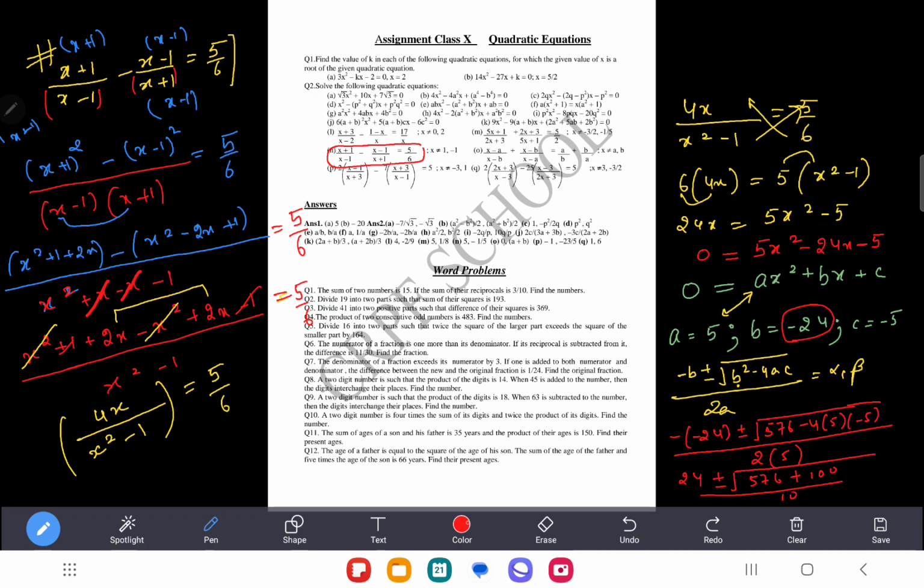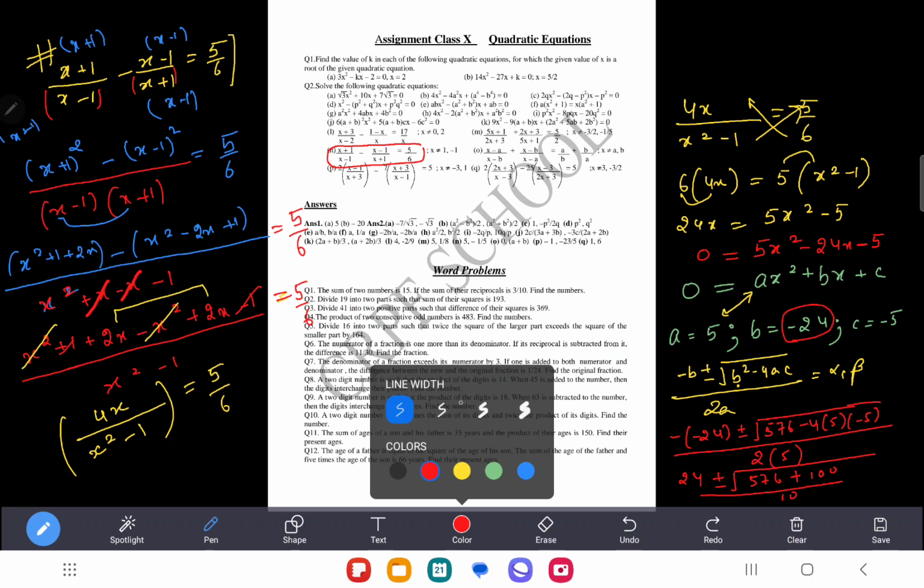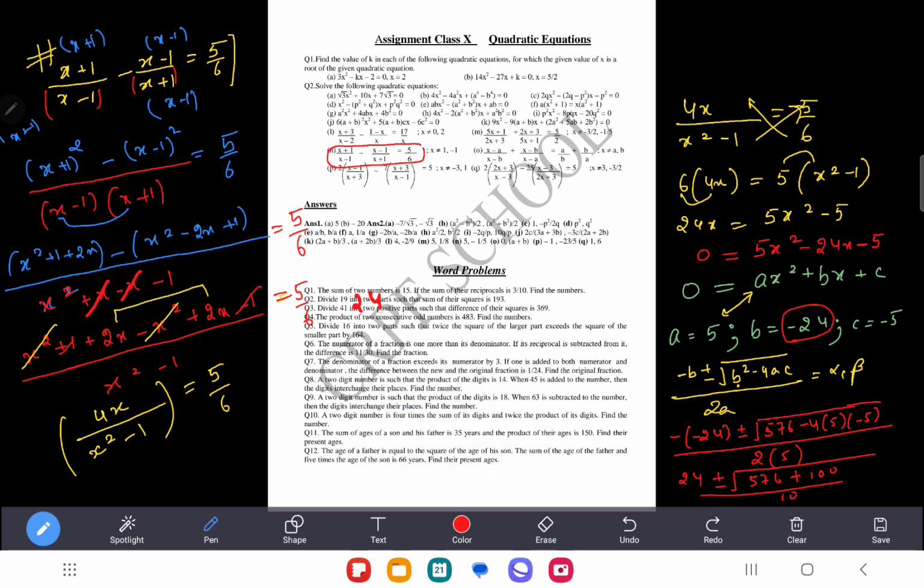So when you solve this out, what do you think you will get? You will get 24 plus minus under root of 676 over 10. So 24 plus minus 26 over 10. So 24 plus 26 or 24 minus 26 over 10. So that becomes what? 50 over 10.